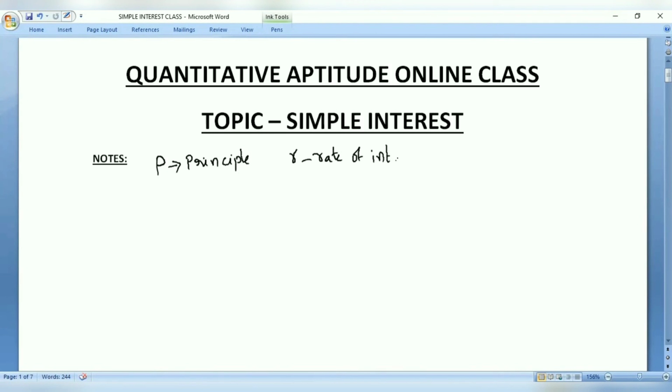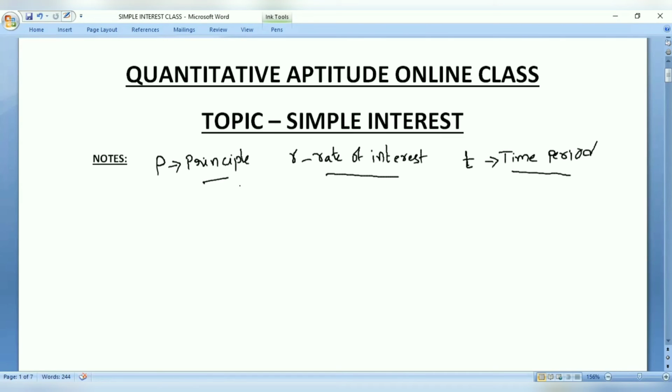Now, once the amount is lent to a person, we specifically mention by what time it has to be repaid, right? So we will mention it with a specific time period, where T represents the time period. This is the general concept with respect to lending. We are giving a certain principal at a certain rate of interest for a particular time period.